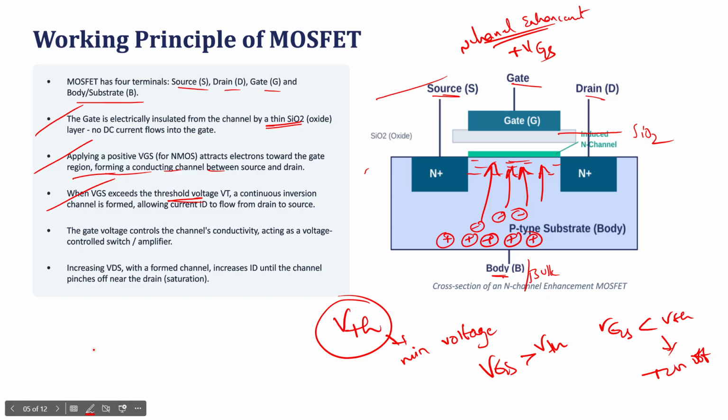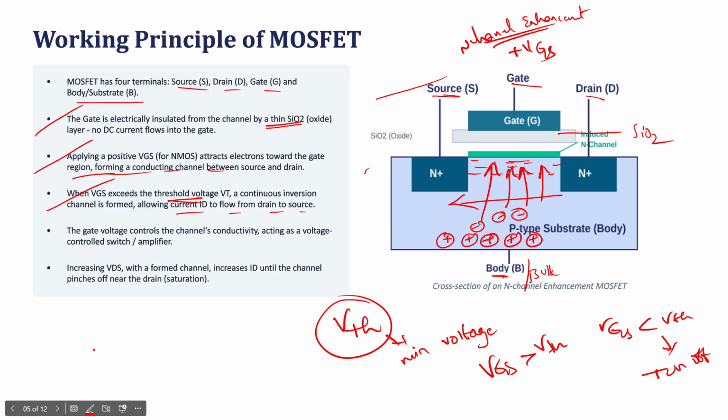A continuous inversion channel is formed, and the current ID flows from drain to source. The electrons flow from source to drain, and the flow of current is from drain to source.